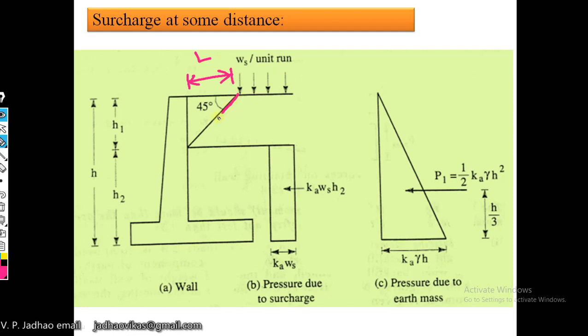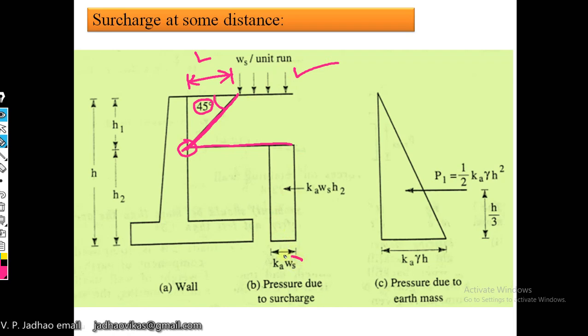We will draw a line from the point where the load is starting, at an angle of 45 degrees. This line will touch the retaining wall here. So we will consider that for this particular height the pressure intensity due to this surcharge will be acting.